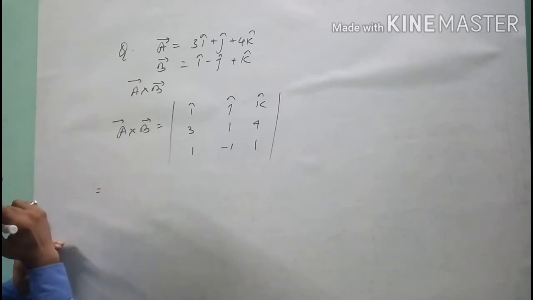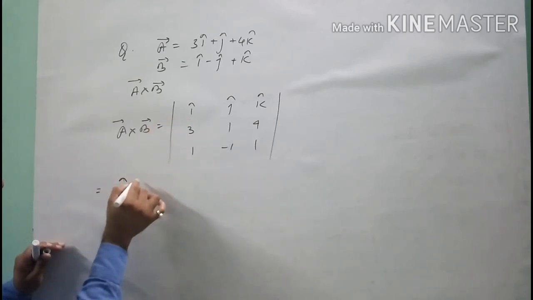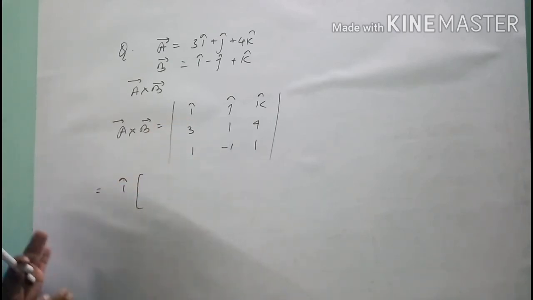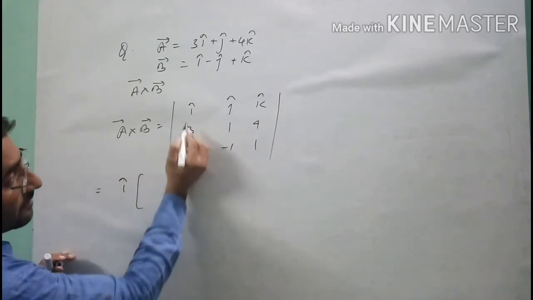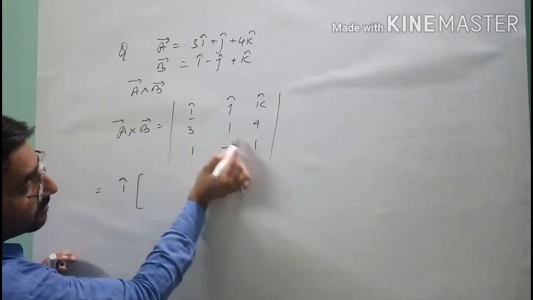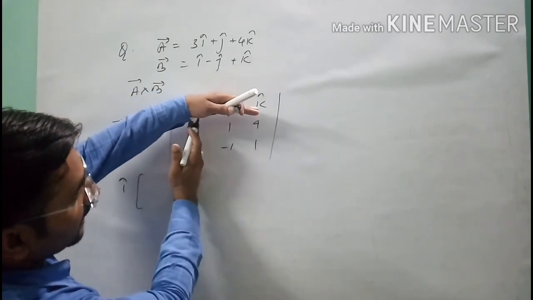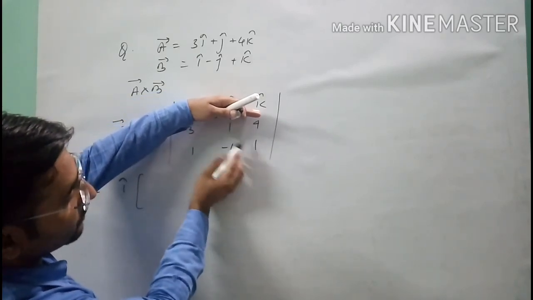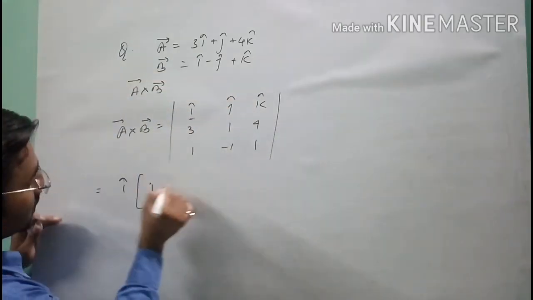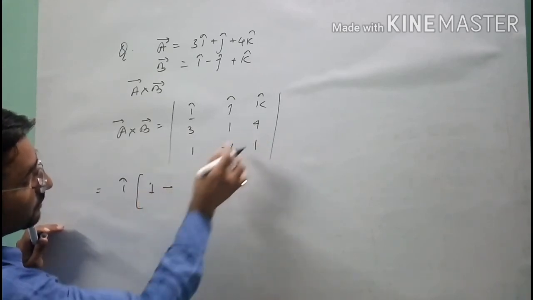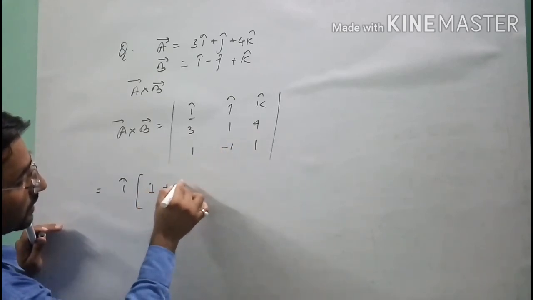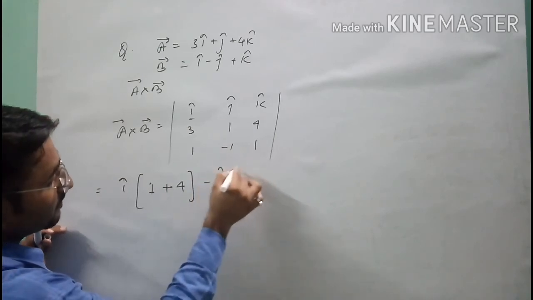Again we are dealing with this, but here I am doing a shortcut. Listen, when I write i cap, then I will multiply these two because this is the hiding part. Remaining is 1 times 1, 4 times 1, with negative sign in the formula, minus j cap.